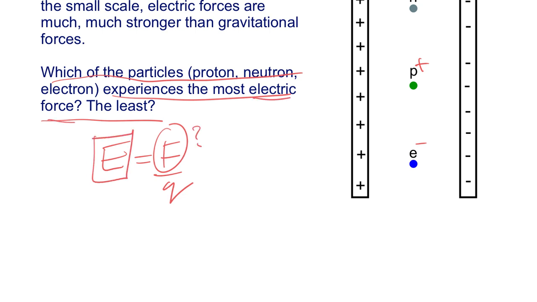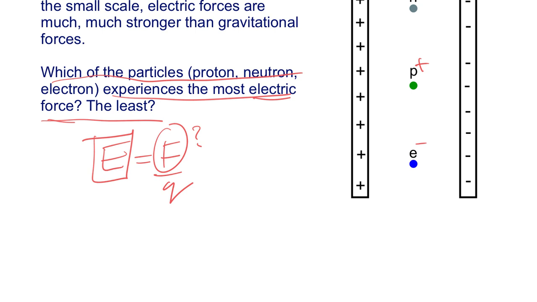Well, E's constant, it doesn't have to do with the charge at all, the point charge. E is constant. I haven't given you the equation for E between two parallel plates, but it's constant, it's uniform, so I don't need that detail yet.